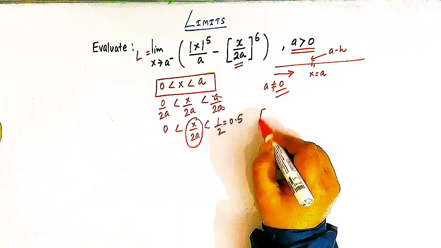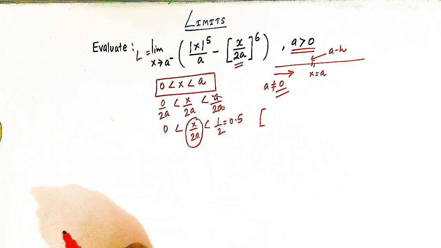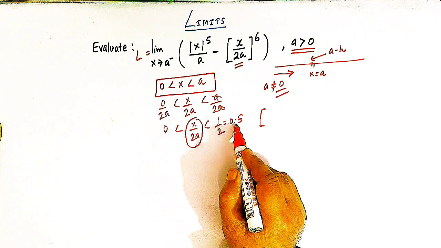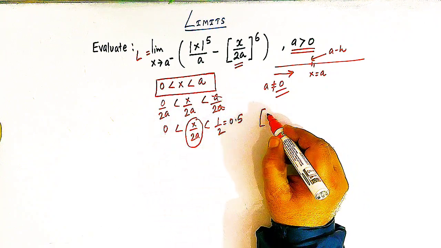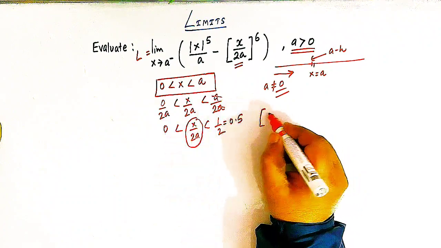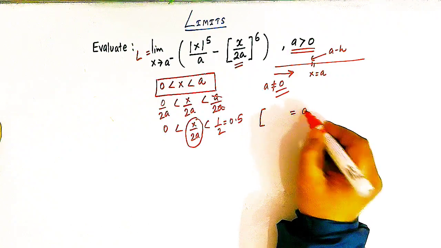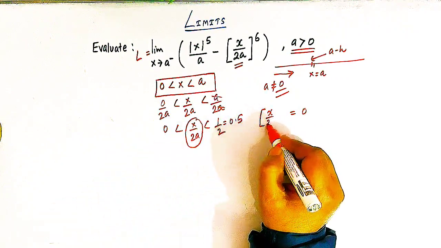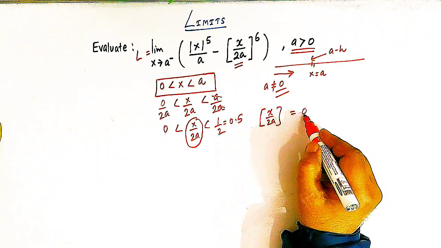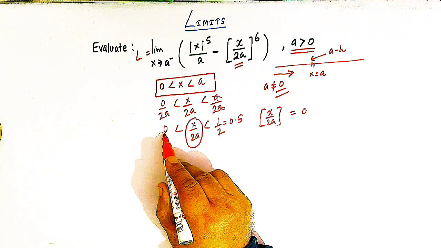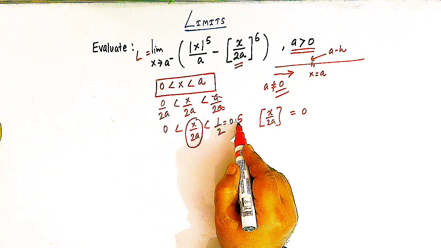So by the definition of greatest integer function, if any number lies between 0 and 0.5, then the greatest integer less than or equal to this number is equal to 0. So the greatest integer of x over 2a is equal to 0, because it lies between 0 and 0.5.